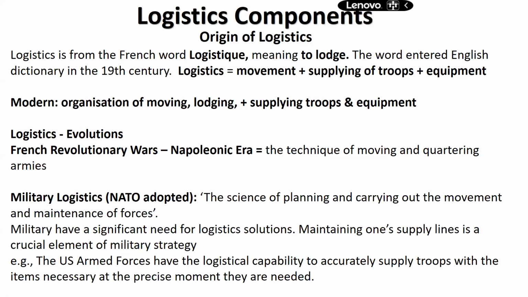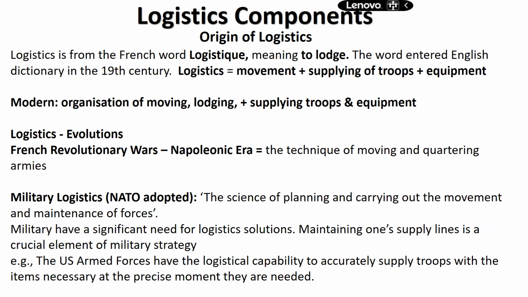Okay. Then we have the origin of logistics. We said that you heard that in the video. It comes from the French word logistique, meaning to lodge, and the word entered the English dictionary in the 19th century as logistics.